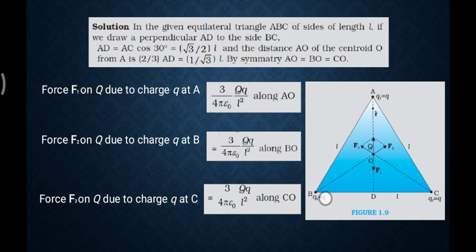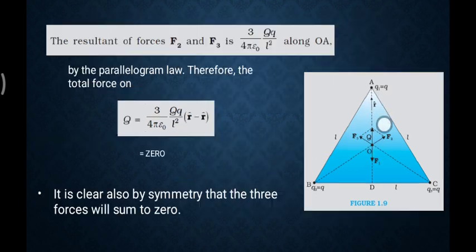The same scenario holds for all of them, but the AO force F1 is downward, and the other two forces are in these directions. If you apply the parallelogram law on F2 and F3, the resultant of F2 plus F3 is in this direction.